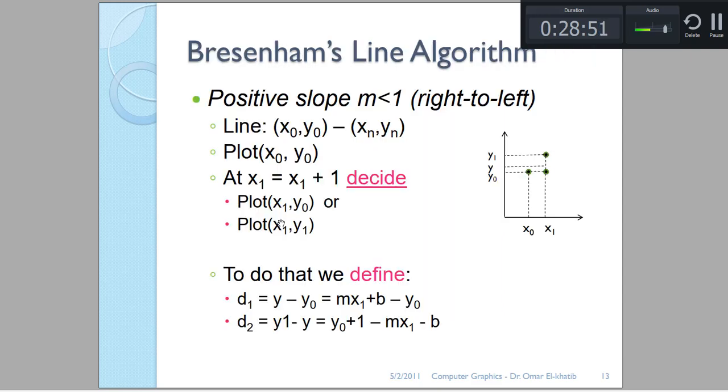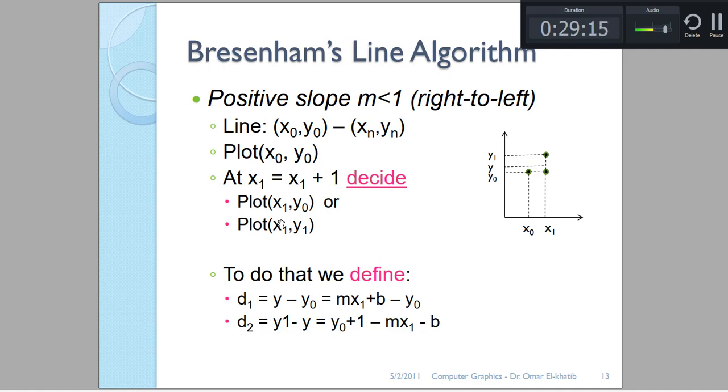Now there is the next algorithm, which is Bresenham's line drawing algorithm. What is in this algorithm? Well, this algorithm is slightly different. It has the same equation of line, y is equal to mx plus b, but it considers something which we call the actual point.